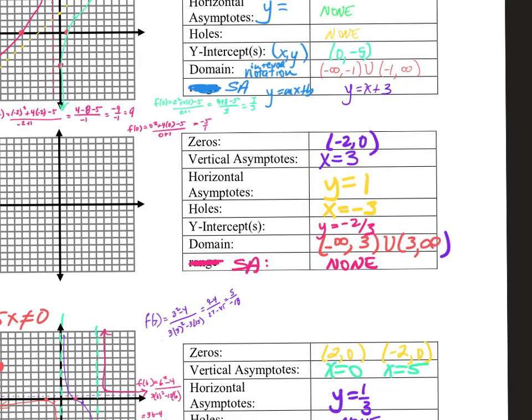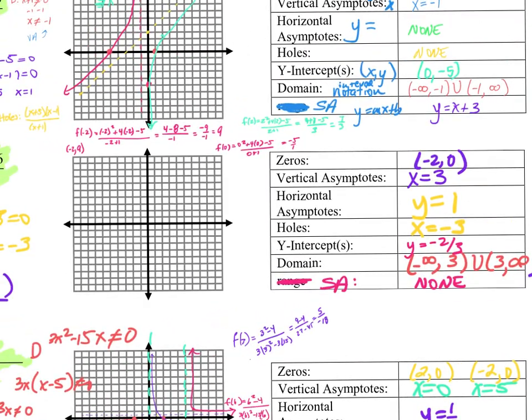So now if we go to plot our points and to draw our graph, we go based upon what we have. Again, get rid of the hole first, and then you don't even have to worry about it. You don't have to worry about where it is in the graph or anything. So I have a y equals 1. That is my horizontal asymptote. I have a vertical asymptote at x equals 3.